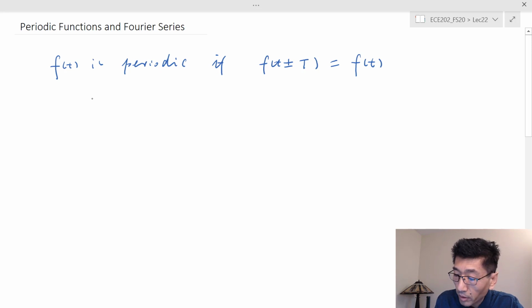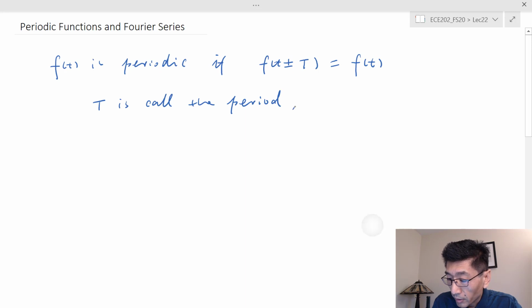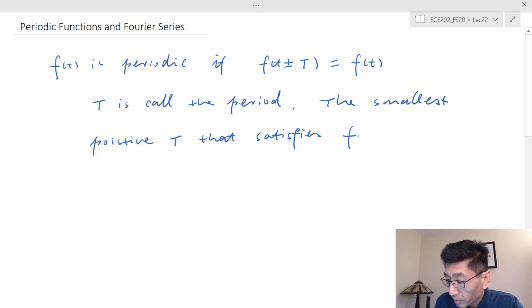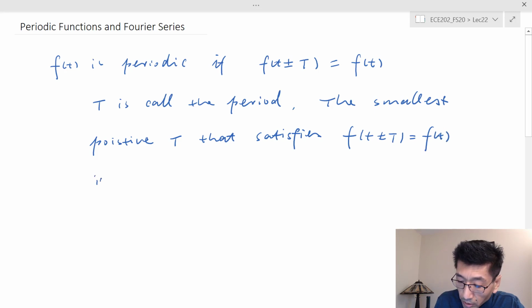In this equation capital T is called the period, and the smallest positive T that satisfies this equation is called the fundamental period.